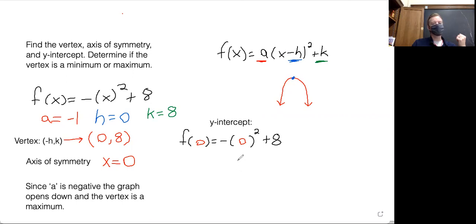It would be 0. Everything else stays the same for the moment. We talked about this earlier, but if I've got negative 0, what is that? 0.